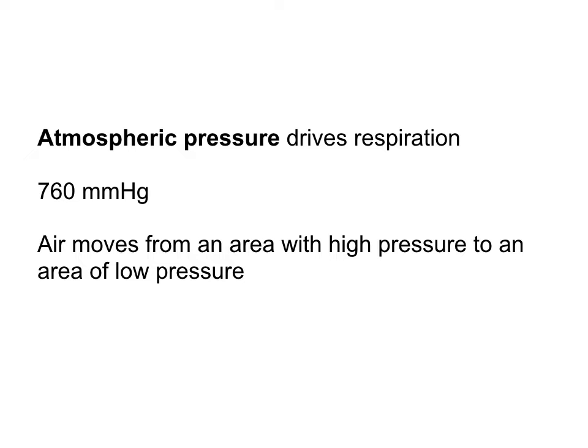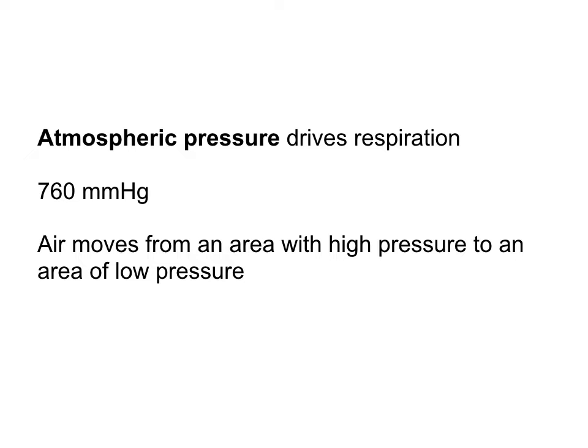Now, because atmospheric pressure is our constant, what's on the outside of us is always 760, the ability to move air is going to depend on pressure changes within the thoracic cavity, because air loves to move from areas of high pressure to areas of low pressure.